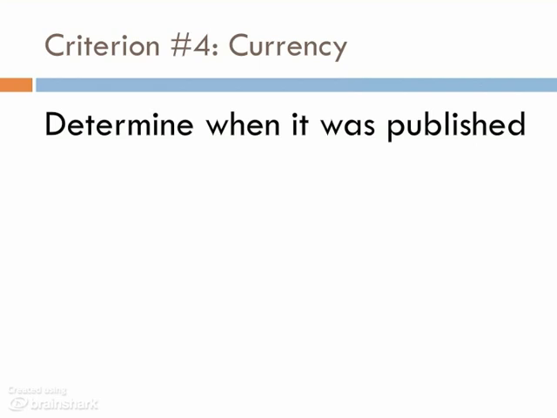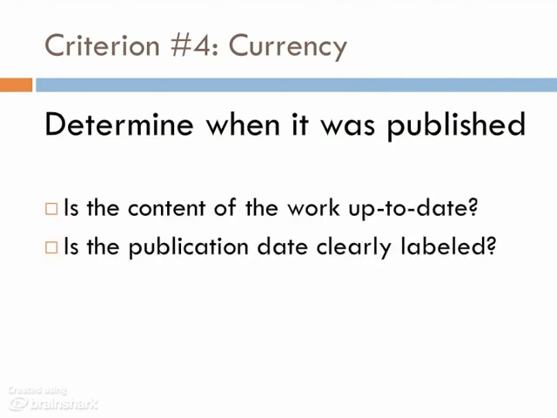So you want to know when it was published to make sure it's the most current information that you can gather on that topic. Here's some questions to think about. Is the content of the work up to date? And how soon is it published? When was it published? And is the date clearly labeled in the text that you're looking at. You want to make sure that you're able to find out when this information was published.